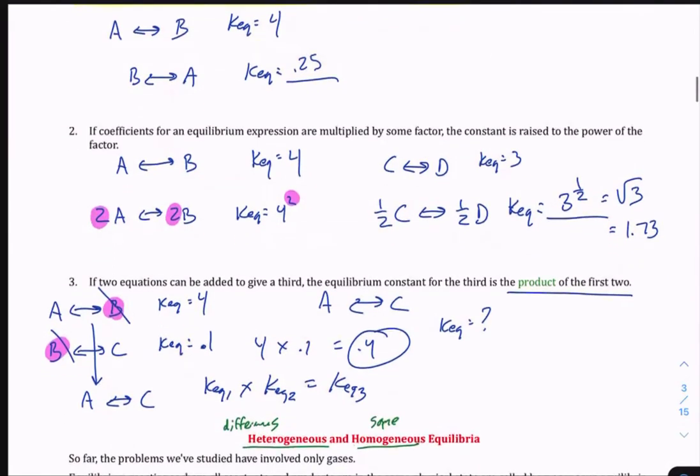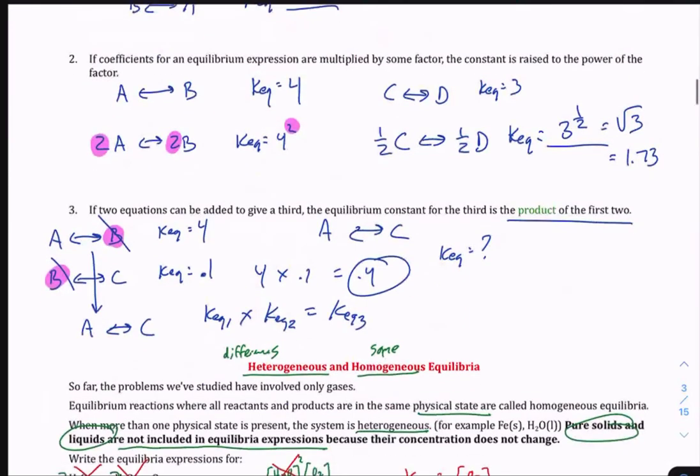Rule number 3. If you add two equations together, the new equilibrium constant is going to be the product of the two. Sometimes this is straightforward, sometimes it's not. Sometimes you have to do a lot of switching around to make something work.